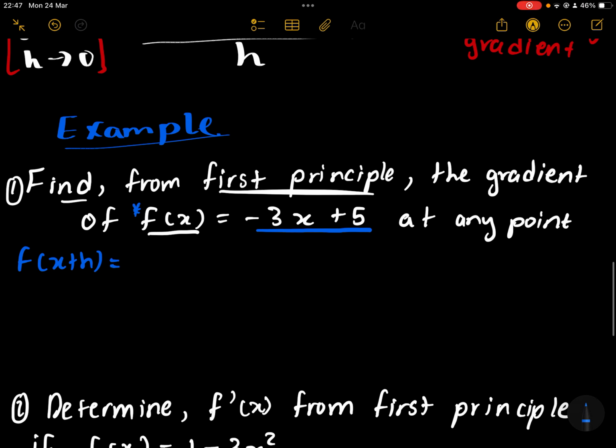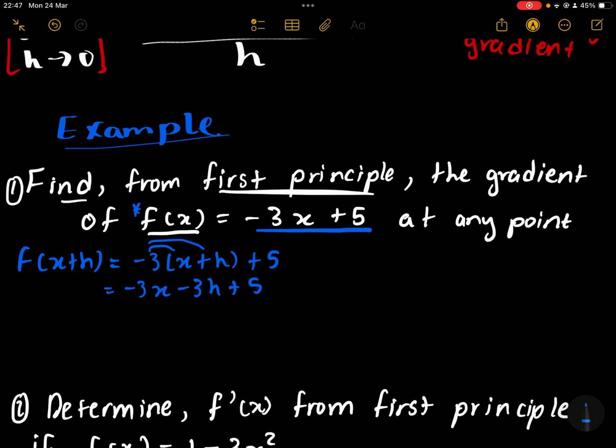When finding f(x plus h), where there is x, we will add an h. So that means negative 3, then brackets x plus h, and then plus 5. That's it. Now just solve here. When you solve, you're going to get negative 3x minus 3h plus 5.